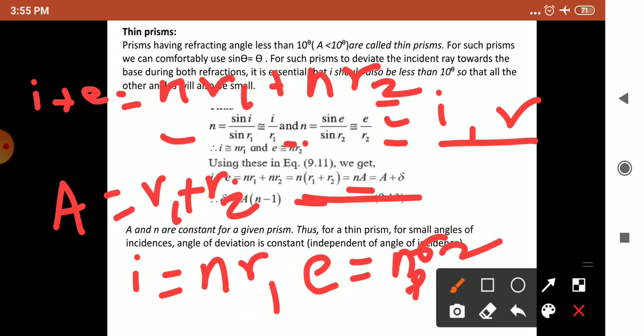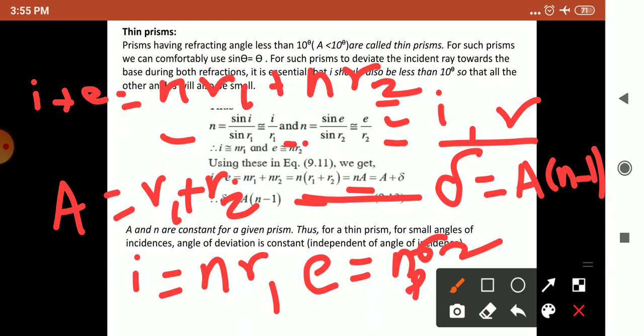So from this, the angle of deviation delta is equal to A into n minus 1. The angle of deviation delta is equal to A into n minus 1, where A and n are constant for a given prism.